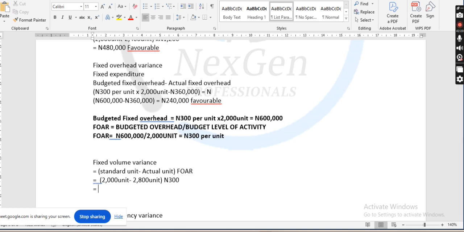So favorable or adverse? Favorable. What is the favorable figure? 240,000 naira. So I can leave it like this, right?